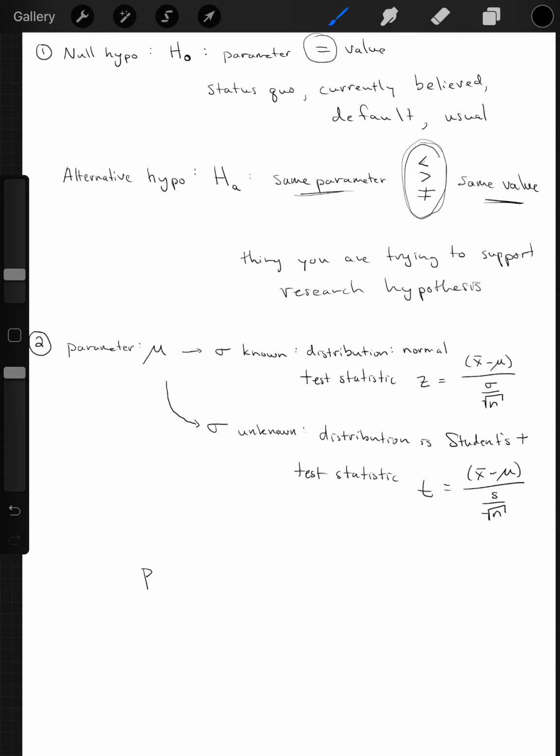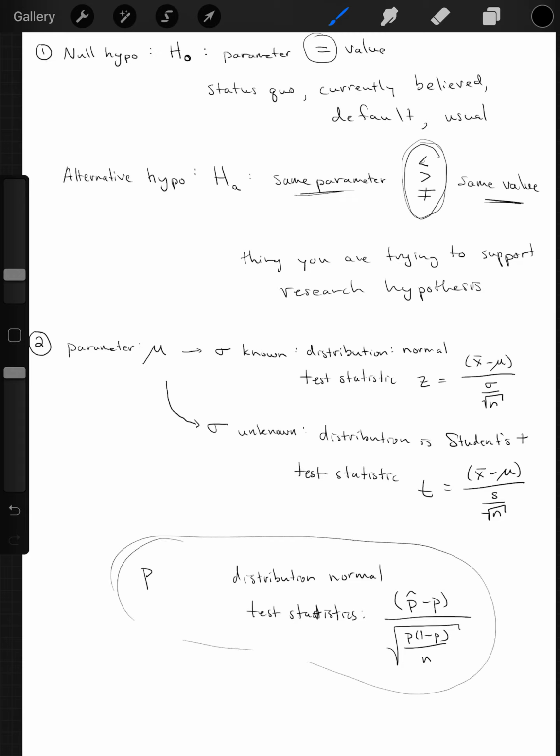And same as all of those, the distribution is normal, and the test statistic is the same as it's been for all of those: p hat minus p divided by the square root of p times 1 minus p all over n. Like I said, I just wanted to include this for completion. We're not actually going to be doing anything with that in this class.